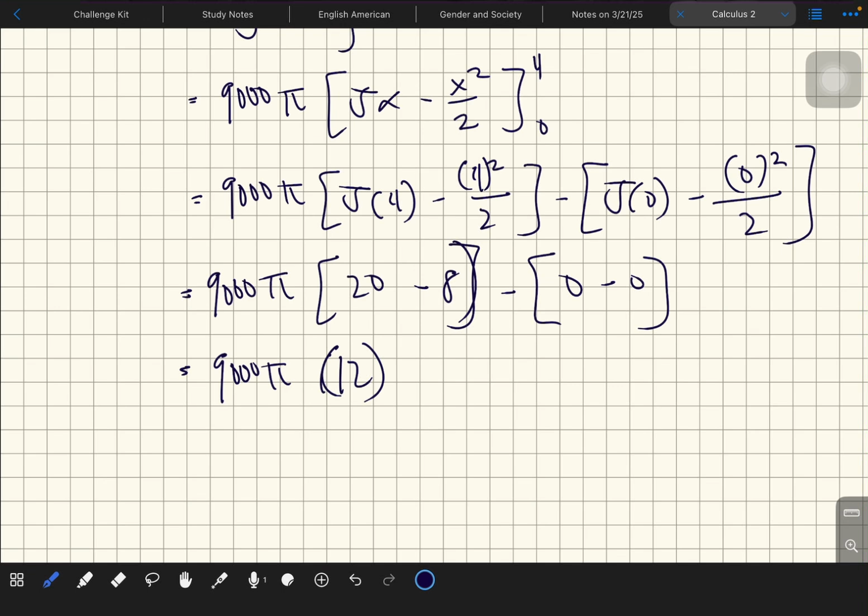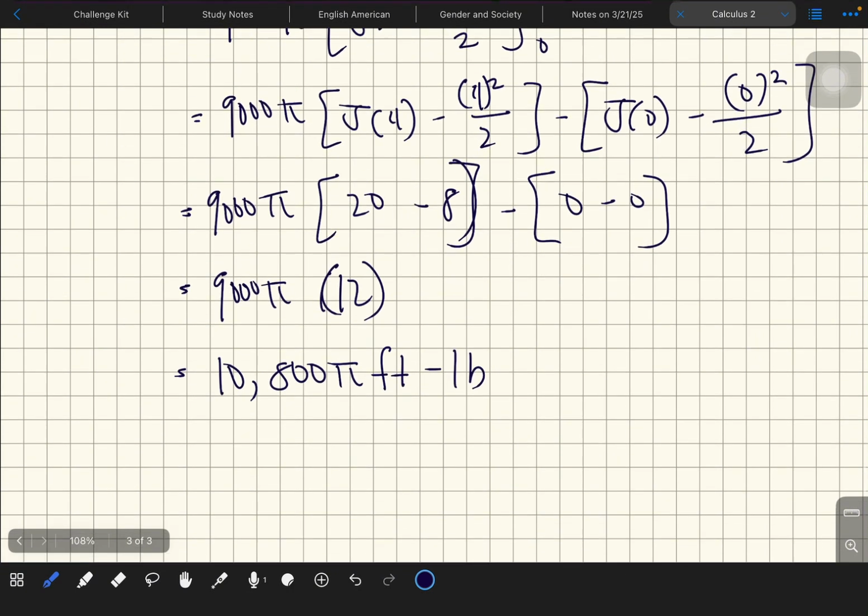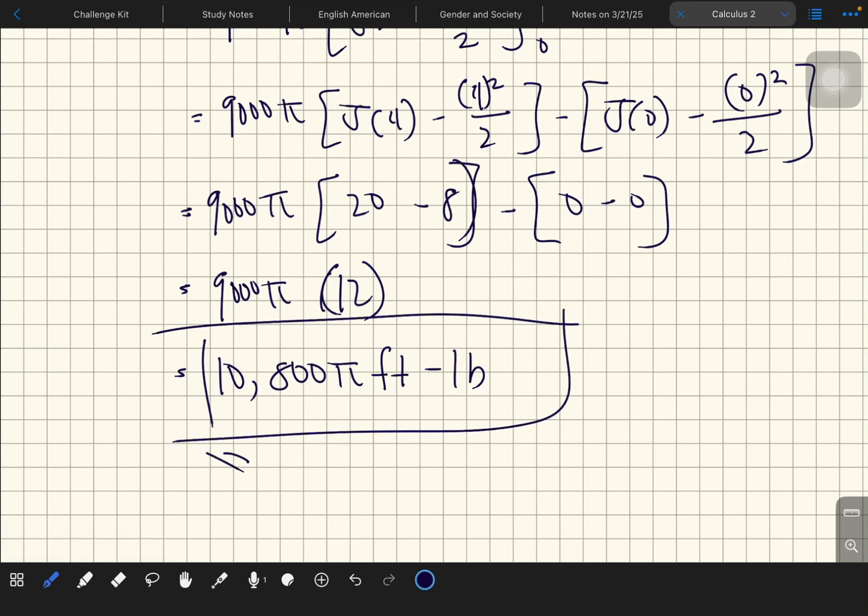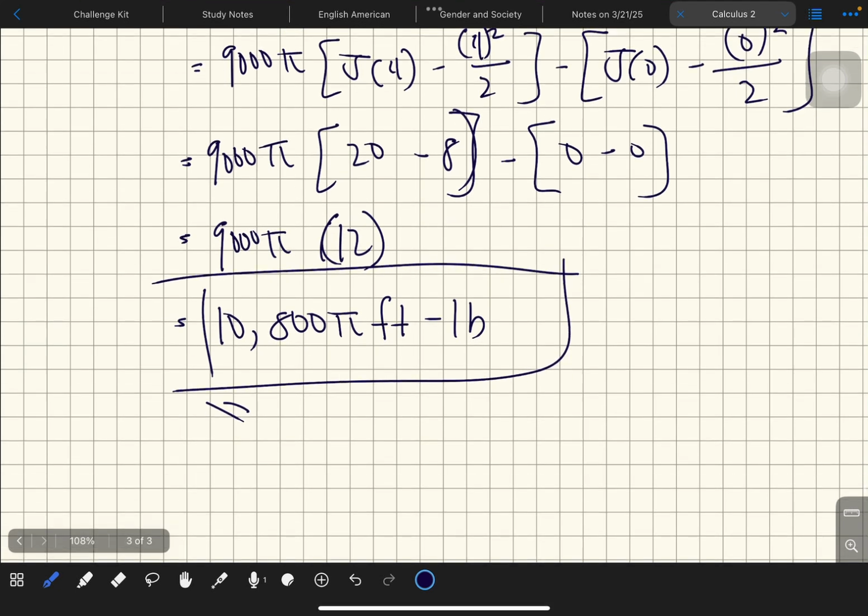So we multiply the 9,000 pi by the 12. So 9,000 pi times 12 is equal to 108,000 pi foot-pounds. So this is our final answer. So the total work required to pump all the water out is 108,000 pi foot-pounds.